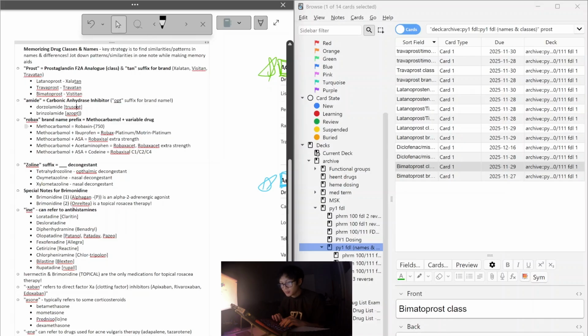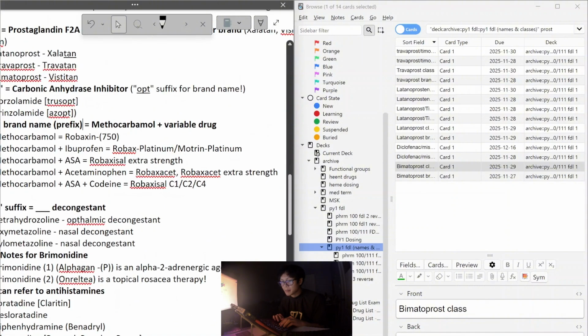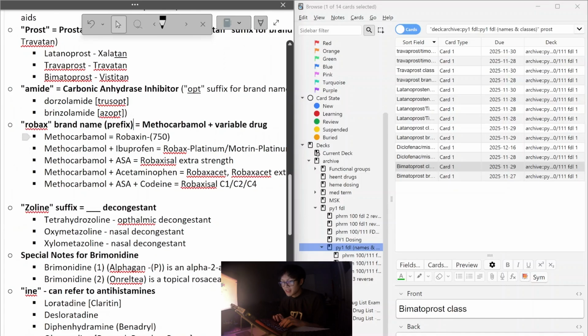Okay. Now, the last example that I want to show here is Robax, which is part of the brand name. Specifically, it's the prefix of the brand name, which indicates that there is at least methocarbamol plus a variable drug. So say for example, if we just have methocarbamol alone, we'll get Robaxin or Robaxin 750.